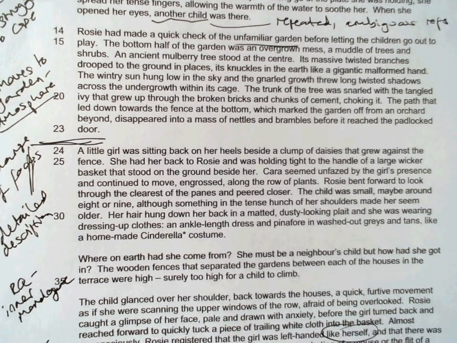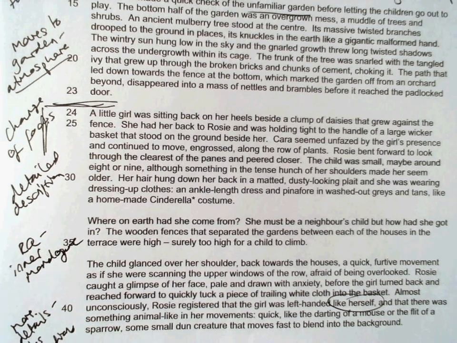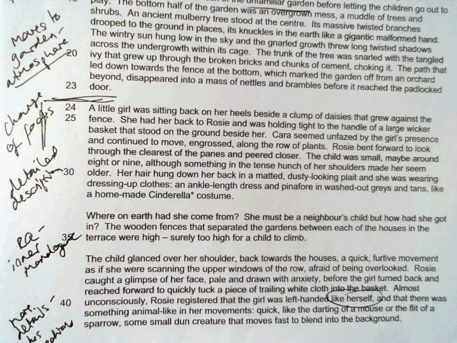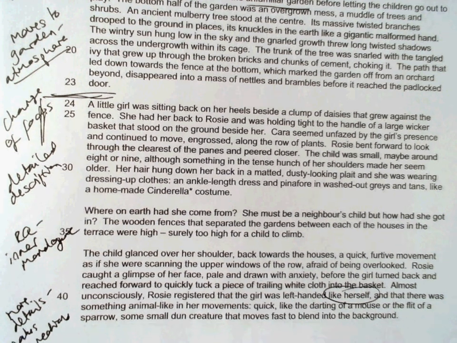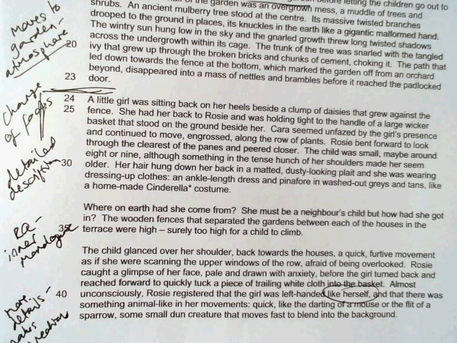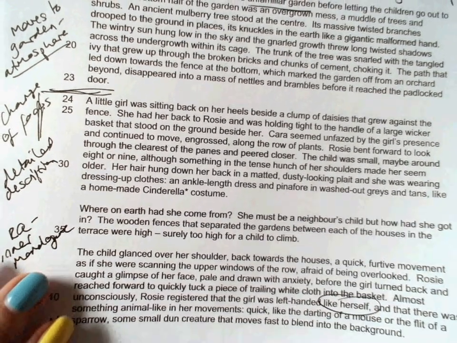Then the writer adopts some inner monologue with rhetorical questions, showing Rosie's confusion and intrigue about this child: where has she come from, what's she doing? Then we get more details, and Rosie making a connection between herself and the child, interestingly, and more sense of this girl's movements, developing the sense of mystery through the slightly unusual behaviour of the child.